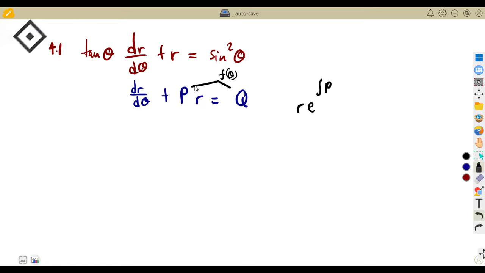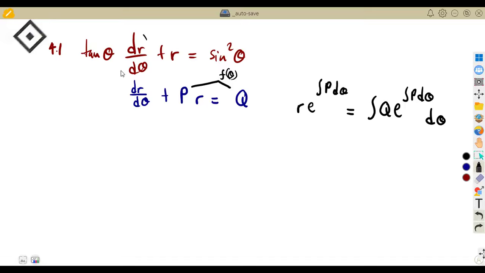Instead of with respect to x, we're going to have with respect to theta, is equal to the integral of q e to the integral of p with respect to theta, and your answer is going to be in terms of theta. So you are going to integrate with respect to theta. We are writing the same formula from our formula sheet, but in terms of theta. So we need to have our format this way.